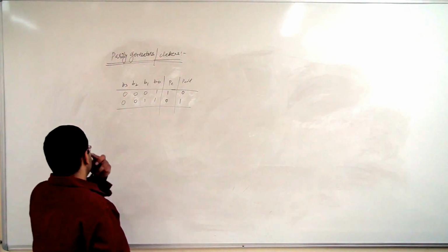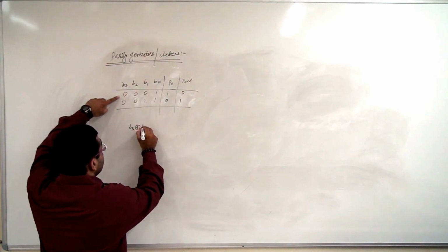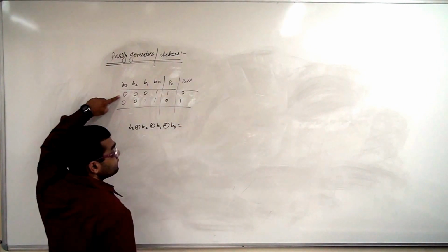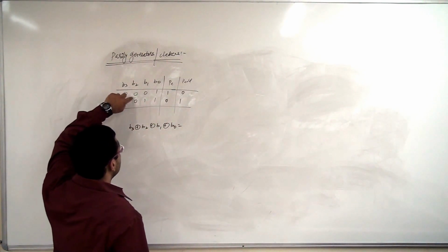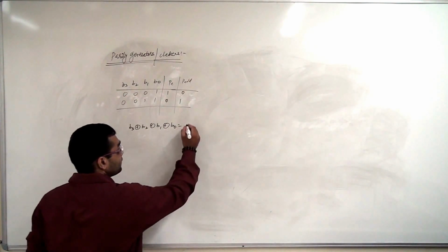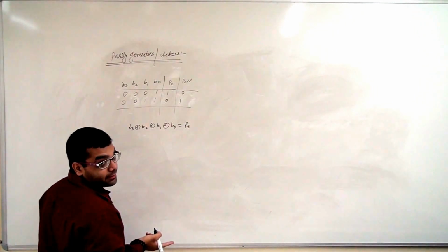Over here you can see if I XOR B3 with B2, with B1, with B0, what do I get? 0 XOR 0 is 0, 0 XOR 0 is 0, 0 XOR 1 is 1. This is the same as PE, the even parity, and its complement is odd parity.